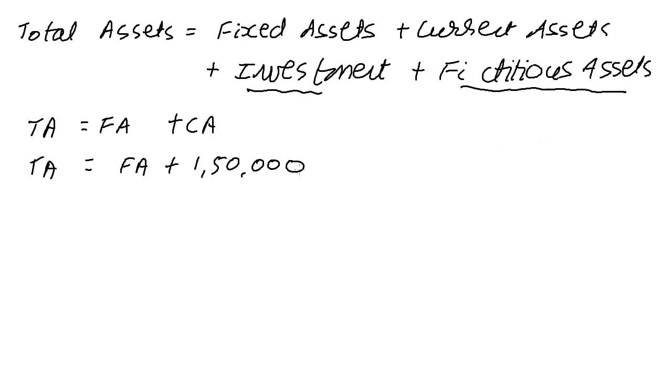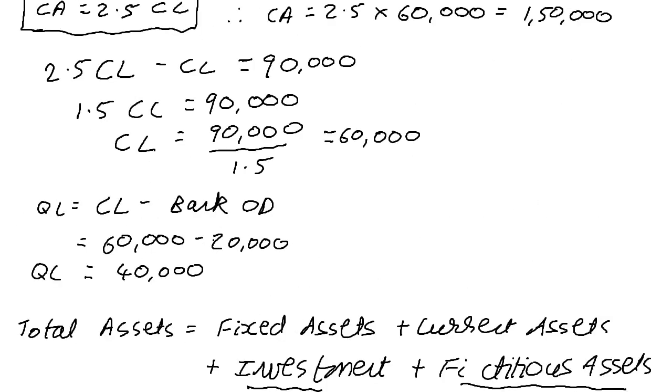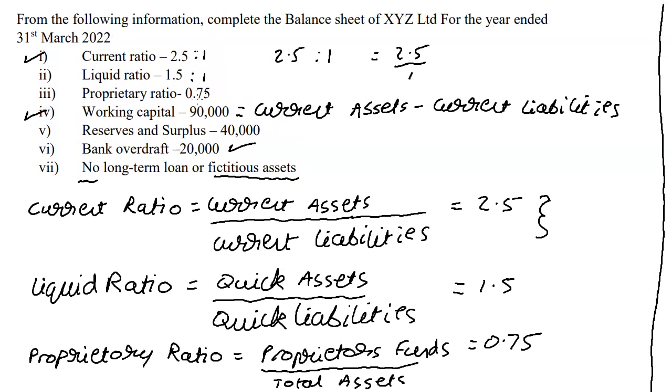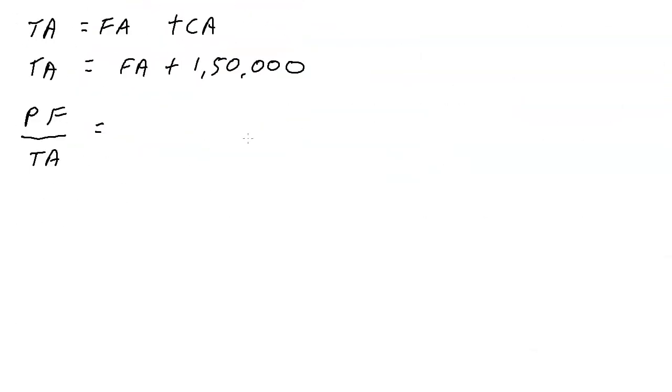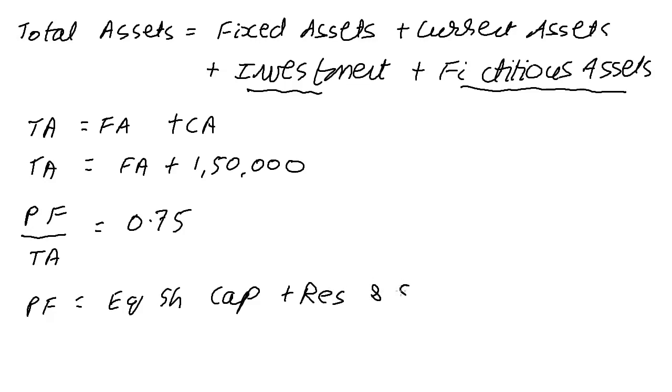So the proprietors funds upon total assets is equal to 0.75, and that's what's given to us in the question over here. And you need to keep in mind that proprietors funds is equal to equity share capital plus reserves and surplus.